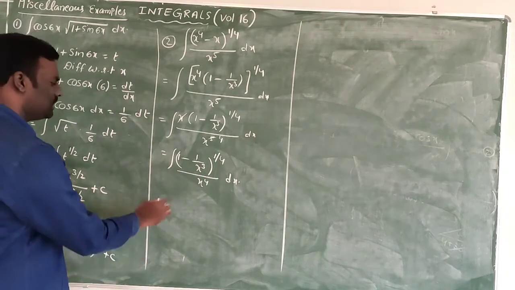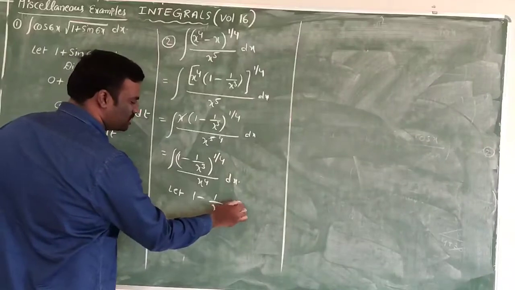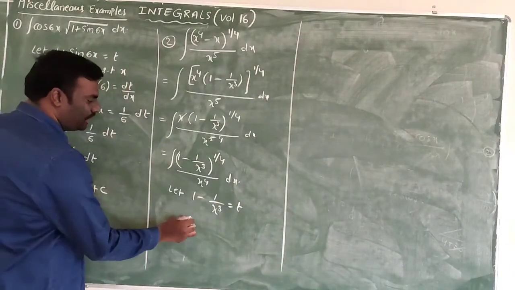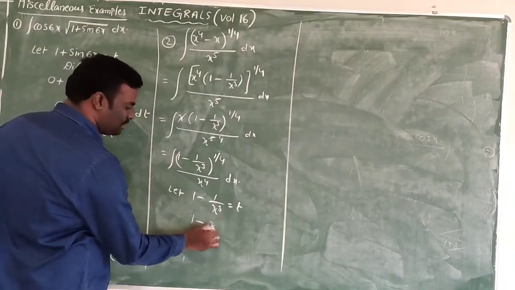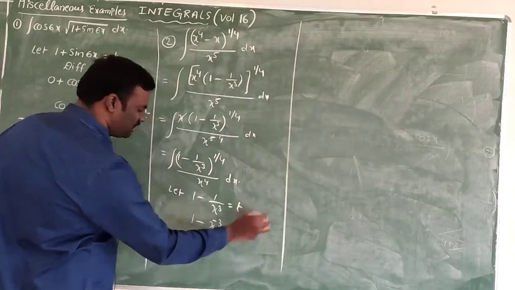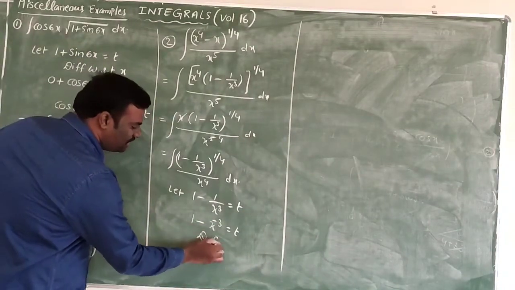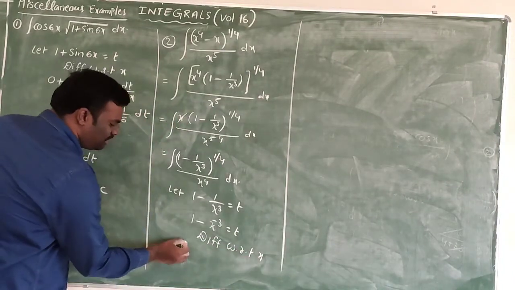Now from this, let 1 minus 1 by x cube equal t. Here I am using the substitution method in integration. Now 1 minus 1 by x cube can be written as 1 minus x power minus 3, that equals t. Now differentiate both sides with respect to x. Constant derivative is 0.